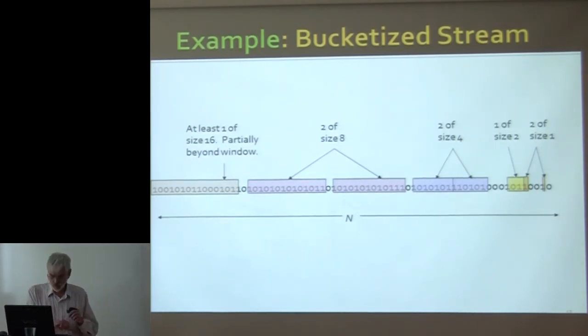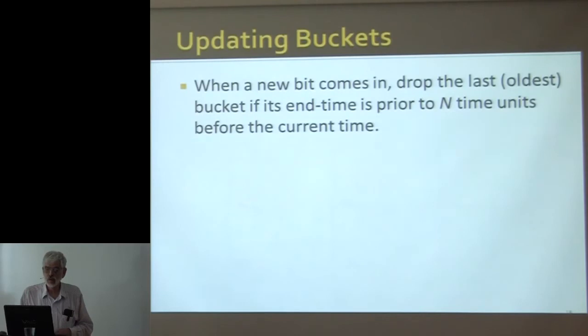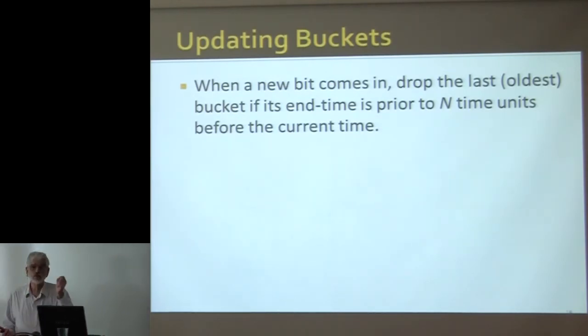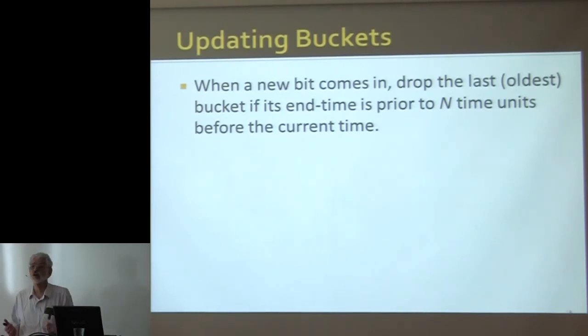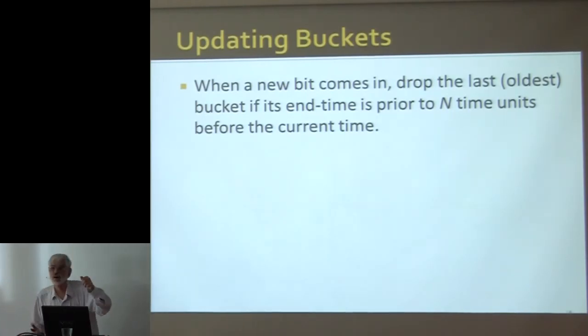Okay, so does everybody have a feel for what the buckets look like? Now, a new bit comes in. First of all, if the end time of the oldest bucket is equal, modulo n, to the time of the current input, that means it's n plus 1 time units ago, so we drop it.